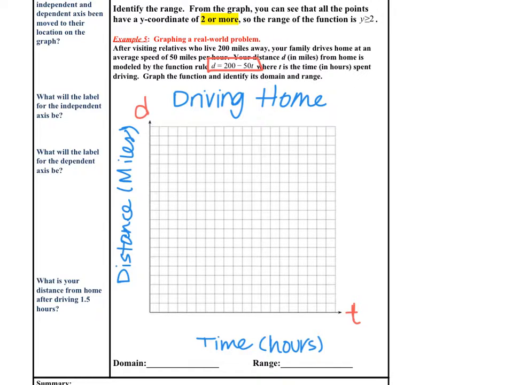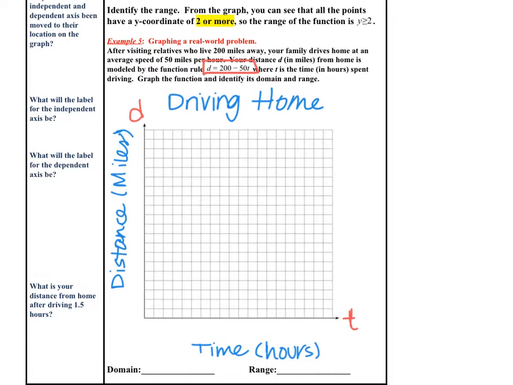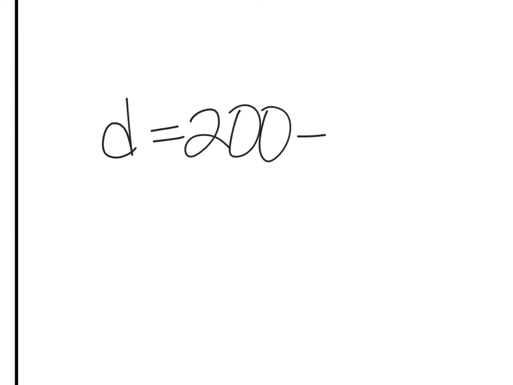Here's my tip to you. If you're doing something that's in slope-intercept form, look at the slope, and it will help you figure out how to scale it. Here's our equation. D equals 200 minus 50t. We know it needs to start at least as high as 200.